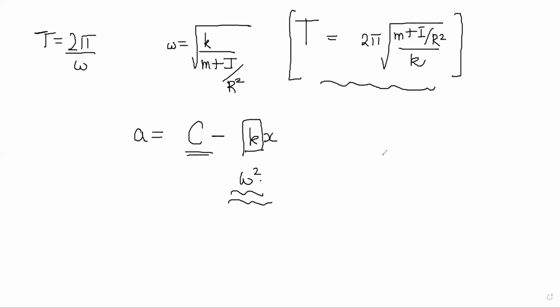So this is also SHM. It's not a problem because you are still getting A proportional to minus kx. So this is the energy method. You should apply the energy method in some of these problems. Whenever it seems very difficult to do by forces, the energy method is the solution.